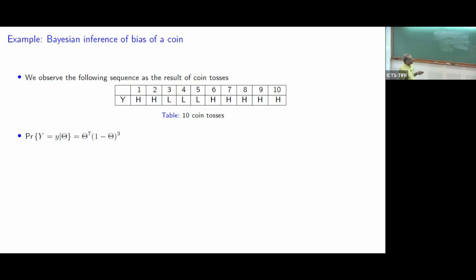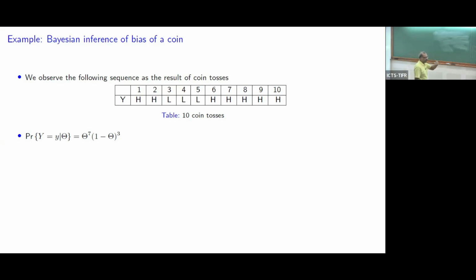Why this formula? You see that there is theta raised to 7. That is because each time there is a probability theta of the coin coming up heads, and in this particular sequence that we have observed, we have seen heads 7 times.